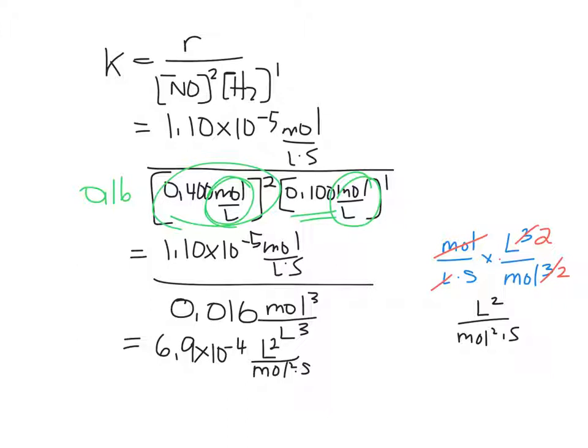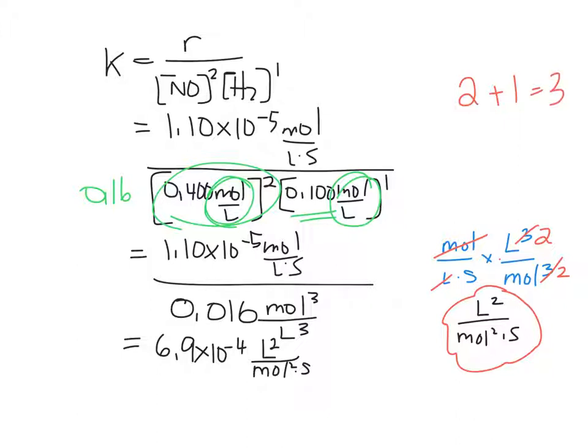These units are going to be for any reaction that is third order overall. This reaction had one reactant with the exponent 2 and another reactant with an exponent 1. You add them up and you get the overall order of the reaction.